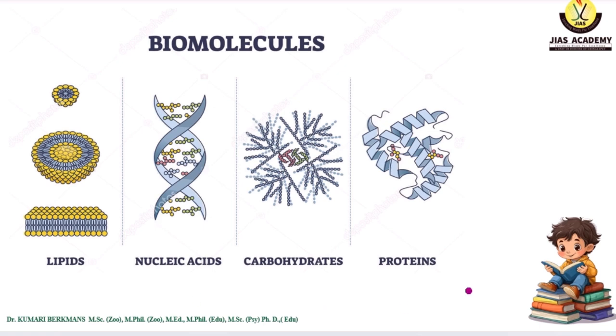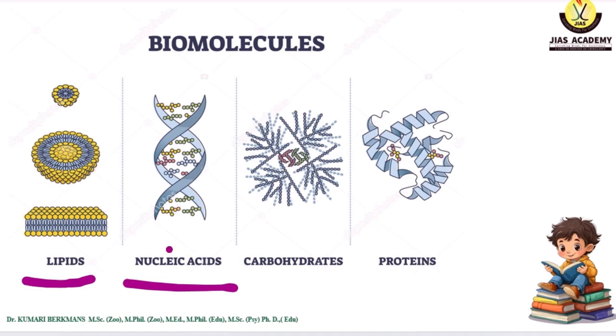See, what you are seeing here are the four important biomolecules. One is lipids, nucleic acids, carbohydrates, and proteins, right? So this is the structure of lipid. This is nothing but the cell membrane, phospholipids it's called. Okay, this membrane is made up of double layer phospholipids, right? And this is nucleic acid. You all know where this nucleic acid is present.